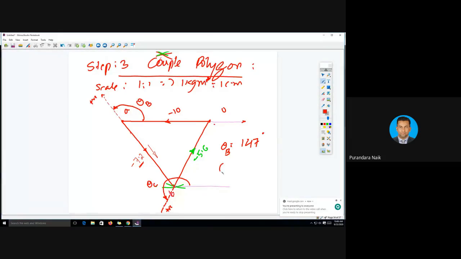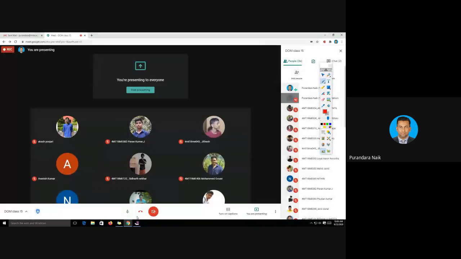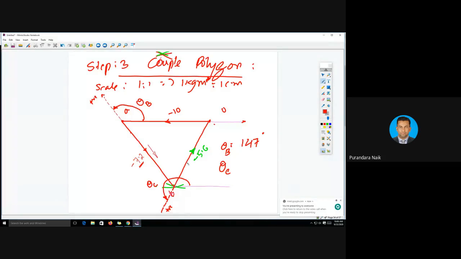Okay, now tell me the value of theta C. Please remember, you need to measure the angle in the positive direction, not negative, because whatever value we have taken is in the negative. What is the value of theta C?